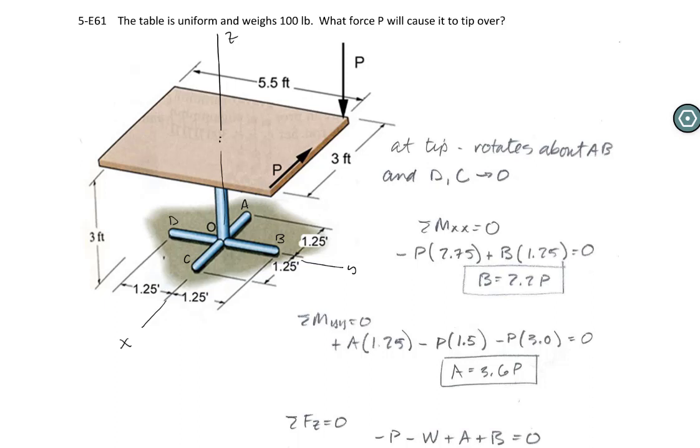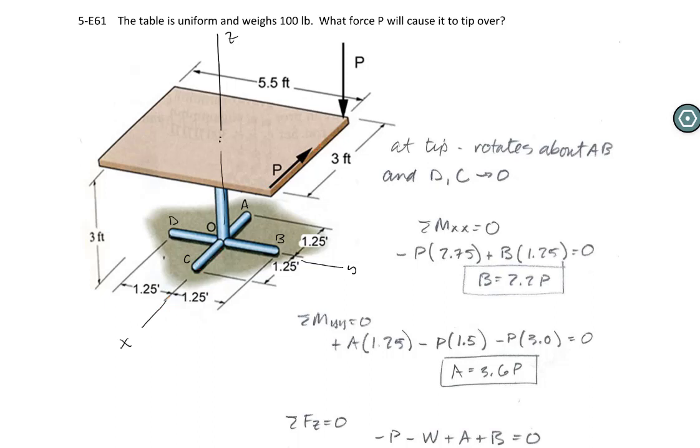I have a force pushing down here. Does that have any tendency to rotate about this axis? Indeed it does. It has this lever arm, which is half of 5.5, so that is minus P times 2.75. How about this force? Does that have any moment about the x-axis? It does not, because it is parallel to the x-axis.